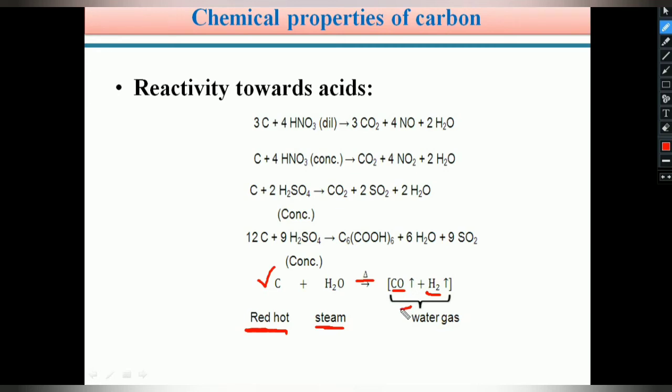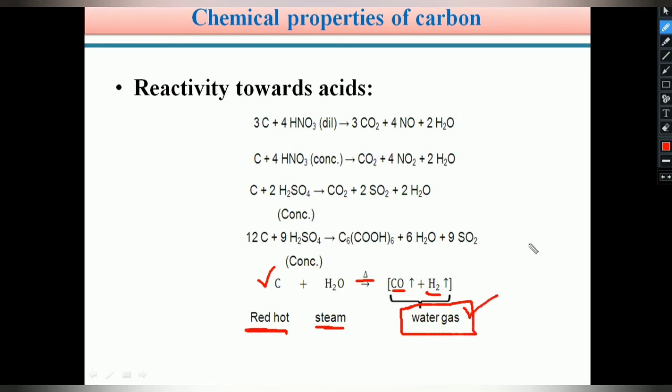Students, the important note is that the mixture of CO gas, carbon monoxide, and H2 gas is called water gas. This is very, very important.